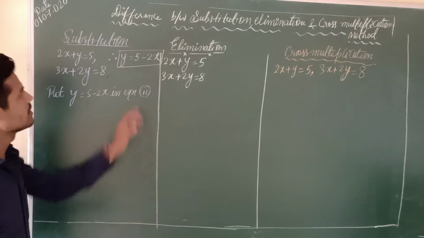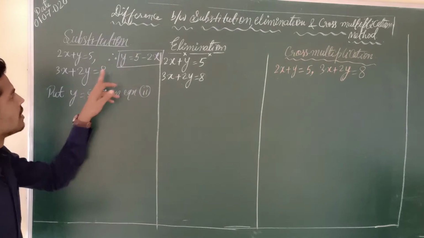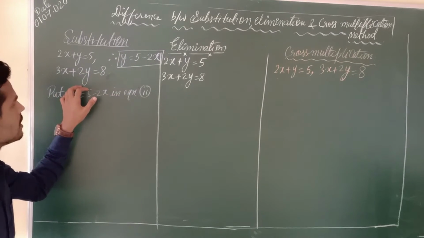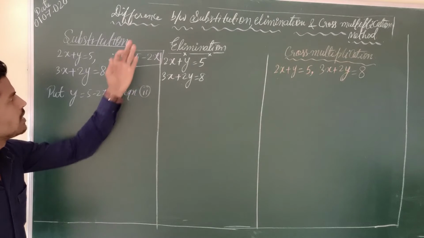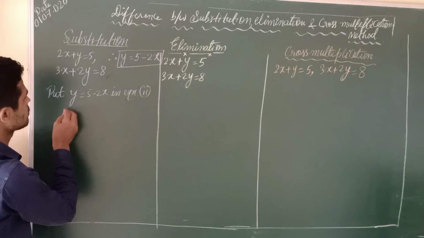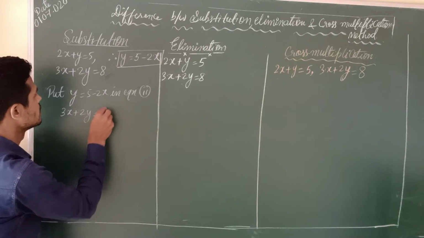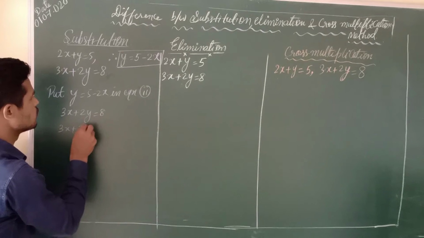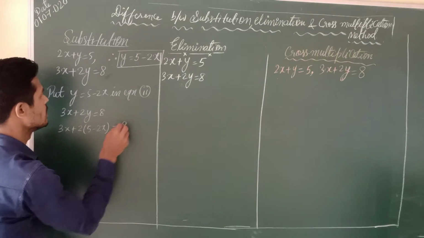If you are finding a value from equation 1, then you have to put that value in equation 2. Suppose you find x from equation 2, then you have to put that value in equation 1. So first we write the equation 3x plus 2y equal to 8, or 3x plus 2 into (5 minus 2x) equal to 8.